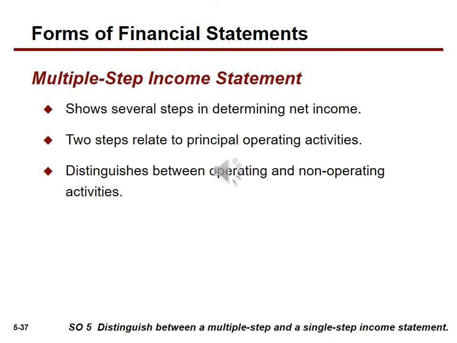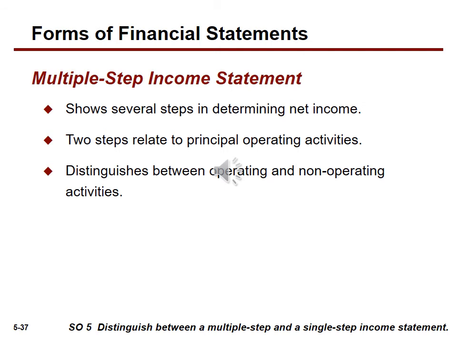Here we're going to talk briefly about the different kinds of income statements. We have multiple step income statement and a single step income statement, and the main difference between the two is that the multiple step income statement shows several steps in determining the net income.